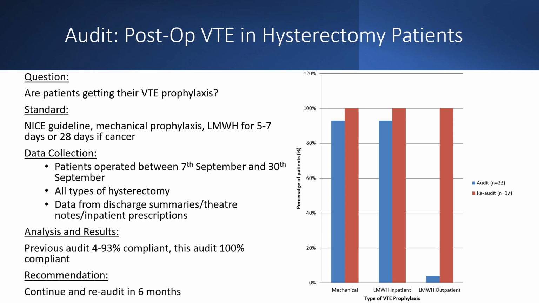Since that last audit, there had been some educational sessions, there had been some posters, and that compliance had gone up dramatically to 100%. So what had been done was really effective and was really working. My recommendation was just to continue what we were doing and to re-audit again in 6 months, because even though compliance was good now, we didn't want to let that slip.